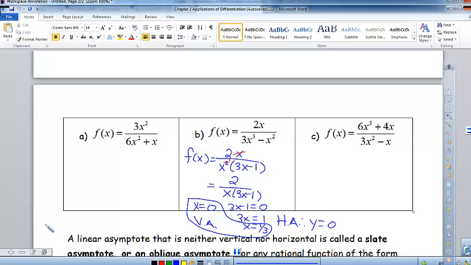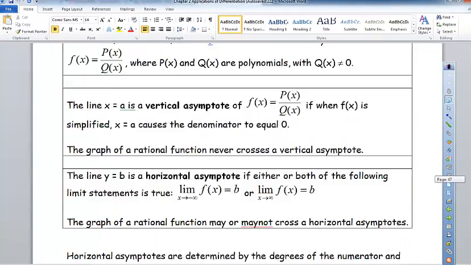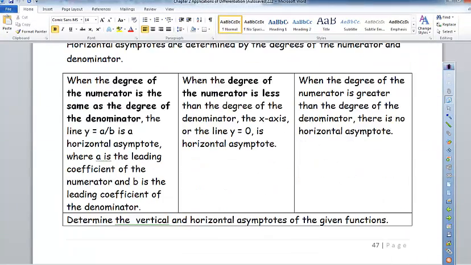Why is that 0 again? The rule, the second rule: if these were on the page together, you'd see that each of these examples goes with the rule that we had earlier. The rule says when the degree of the numerator is less than the degree of the denominator, the x-axis, or the line y equals 0, is the horizontal asymptote.